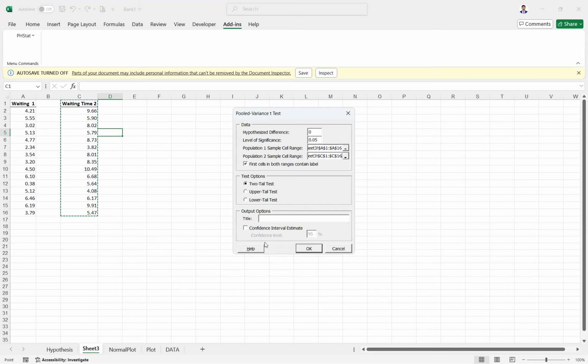Confidence interval is not necessary because the level of significance is already given as 0.05, so it is implied to be 95%. Now बताओ upper tail है, lower tail है, या two tail है? Two tail ही होगा, कुछ नहीं दिया है तो two tail ही है. कंफ्यूज नहीं होने का.